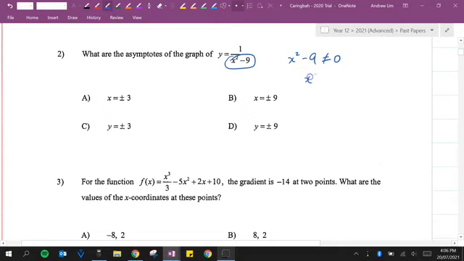Okay, so x squared can't equal 9. So x cannot equal plus or minus 3. Because x cannot equal that, that means x equals plus or minus 3 are the asymptotes. So the answer is A.